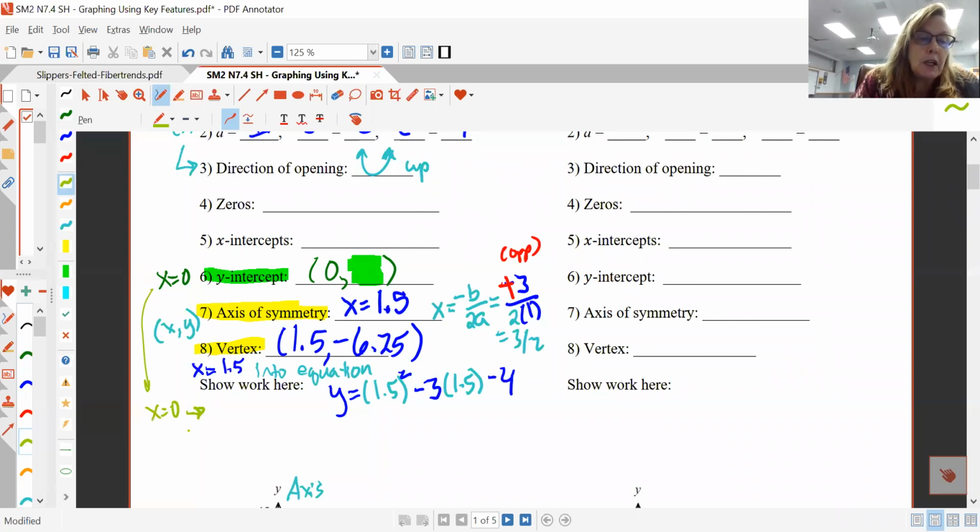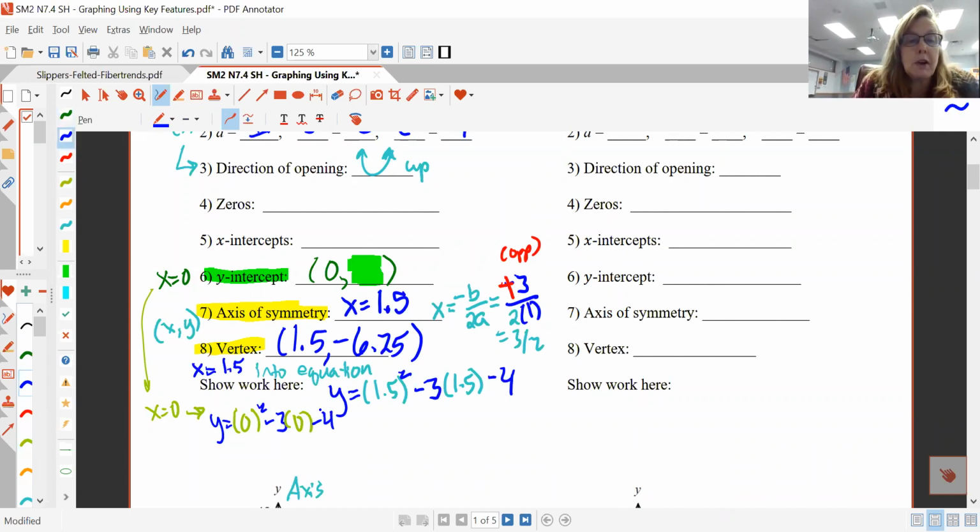Then what? I put it into my same exact equation. y equals 0 squared minus 3 times 0 minus 4.